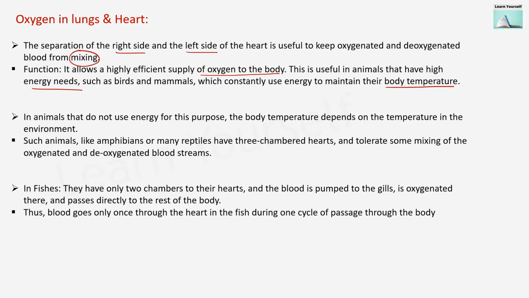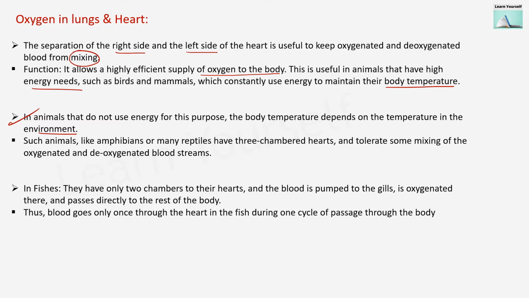Now second important point, that in animals that do not use energy for this purpose, the body temperature depends on the temperature in environment. In our body itself will regulate the temperature. Our body temperature is not depending upon the outside environment's temperature, whereas the animal has to regulate their body temperature by their own.